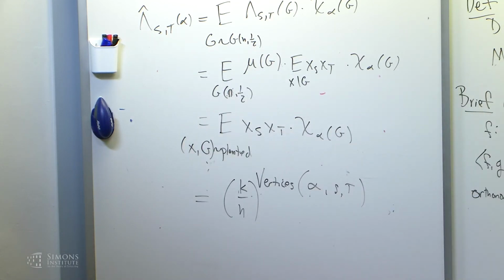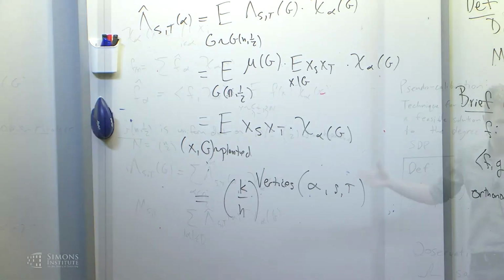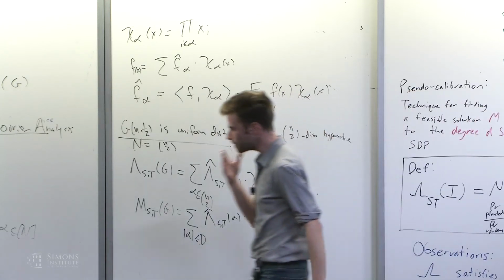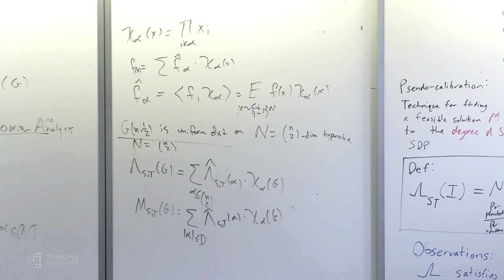In the remaining 2 minutes, and then I want to stop for questions, I want to say something about what kind of techniques are used to analyze these pseudo-calibrated pseudo-distributions in the literature. As far as I know, there are 2 techniques that we know to analyze these things, and it would be nice if there were a more unified approach. As we said, the main difficulty is showing some PSDness, some positivity of these matrices. Showing that they satisfy linear constraints turns out to be not very difficult.